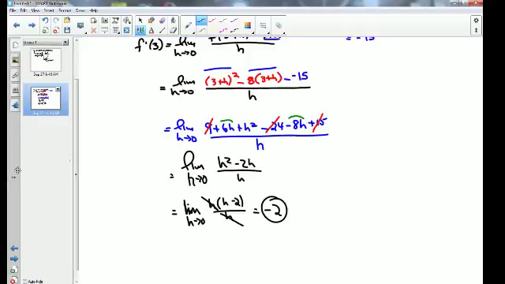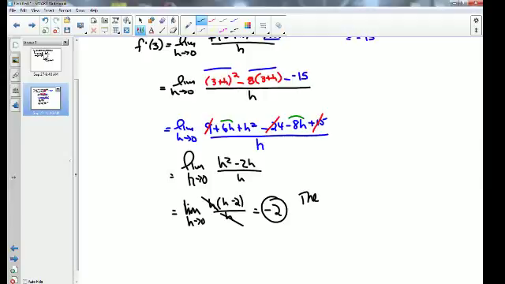Right. So this is an algebra problem. It's a calculus problem, but it's mostly algebra, right? The calculus is knowing what that means. What does that number mean?